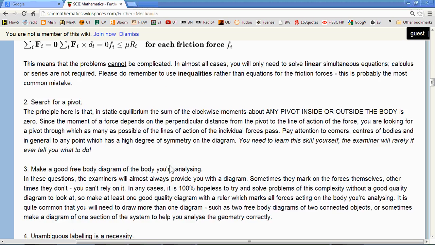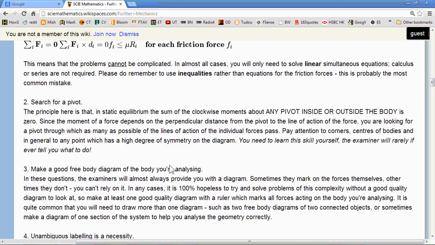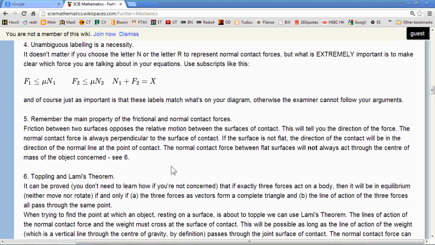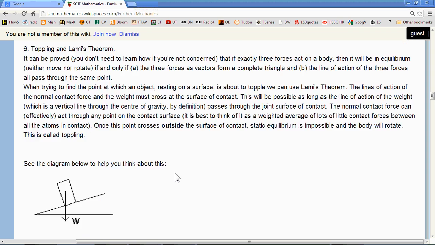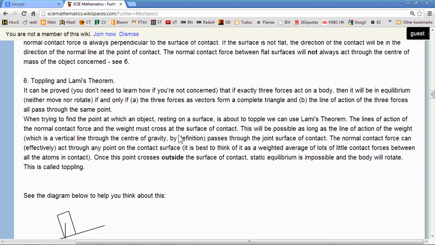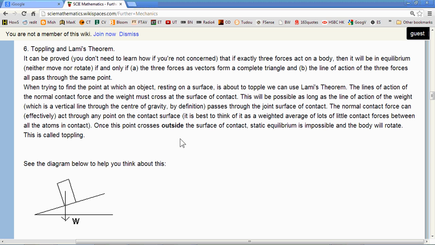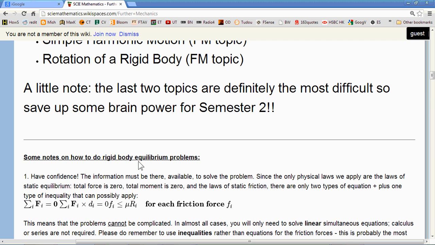The only reason this is interesting is because there's a bunch of notes here which are intended as very concise revision notes. Especially if English is not your native language, some of this text might be a bit heavy to read, but that's because I've tried to be very exact and concise and give you advice on exactly what to do in different situations. These are the notes about rigid bodies.